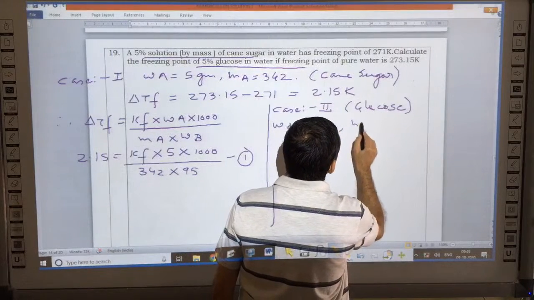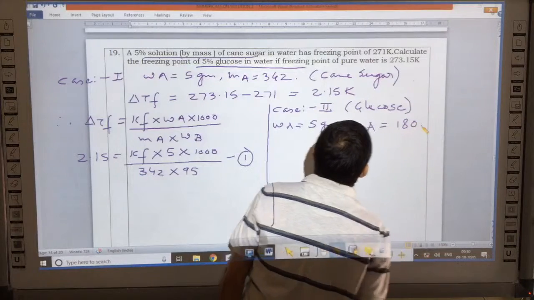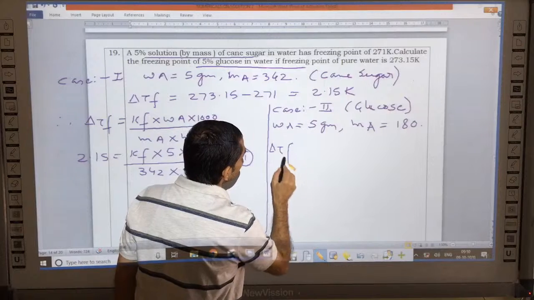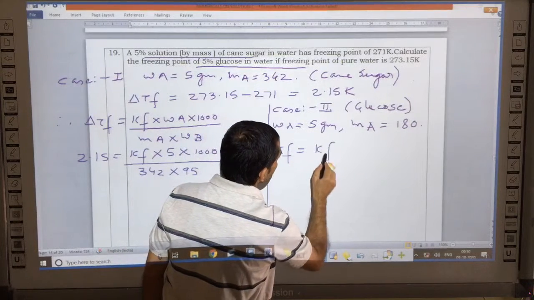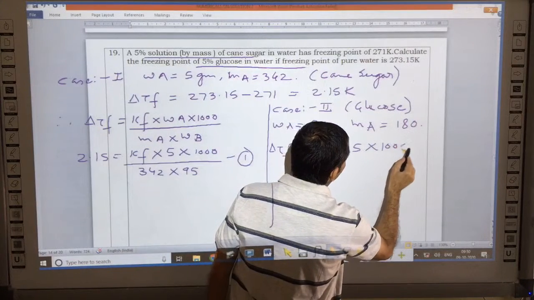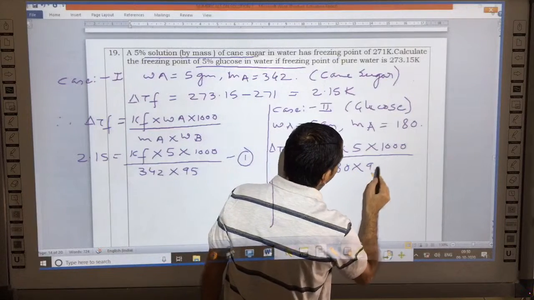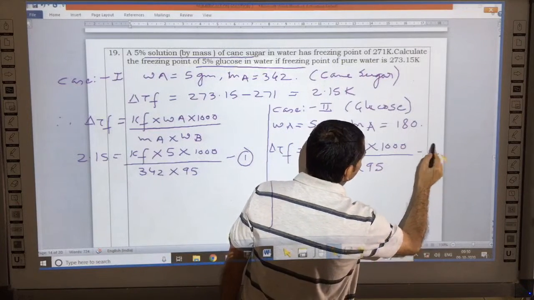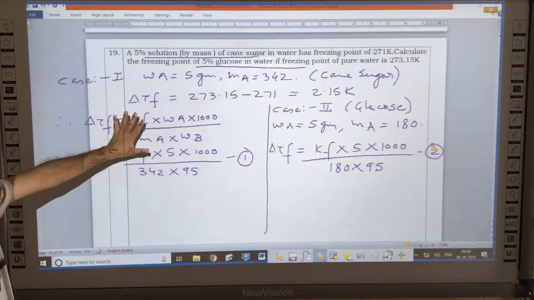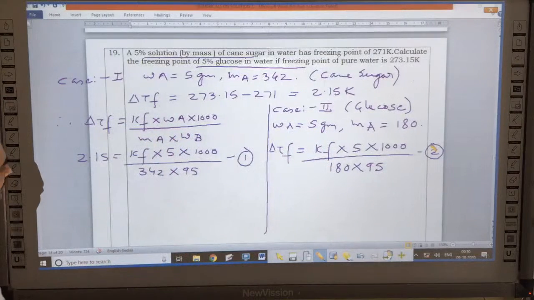The molar mass of glucose, you know, is 180. We have to calculate delta TF. Write the formula. Delta TF is equal to KF into 5 into 1000 upon 180 into 95. This is our case 2. Yes or no? We have written both simultaneously. This is for cane sugar, and this is for glucose.